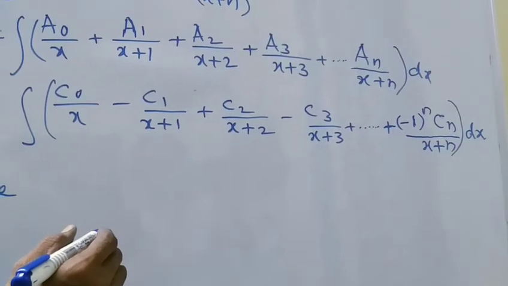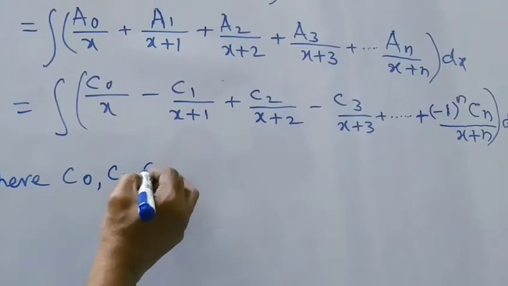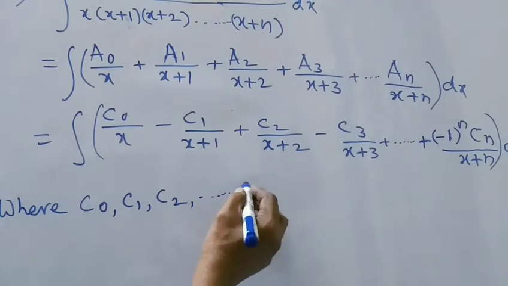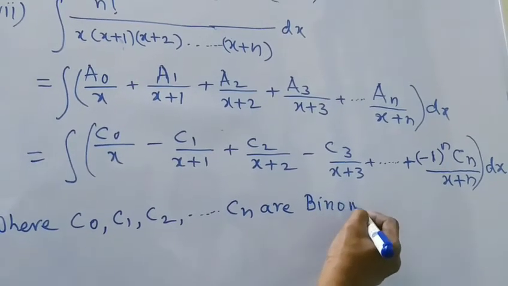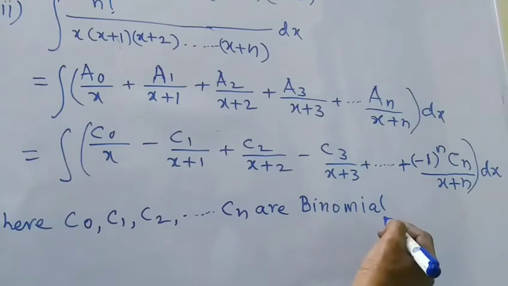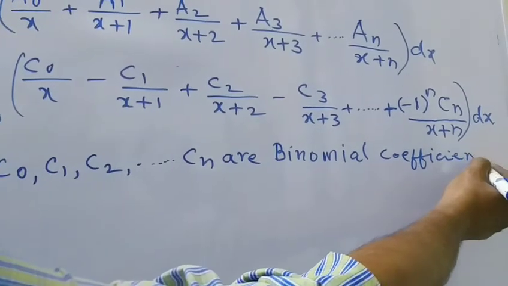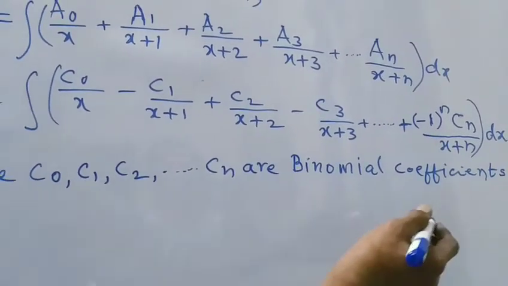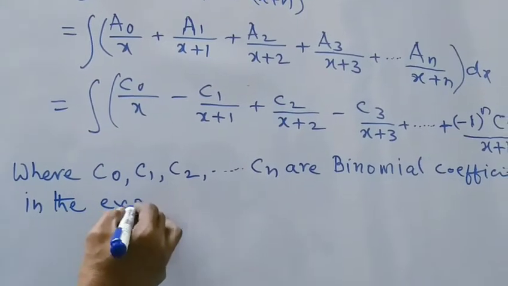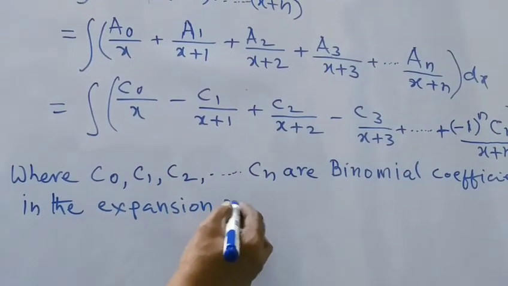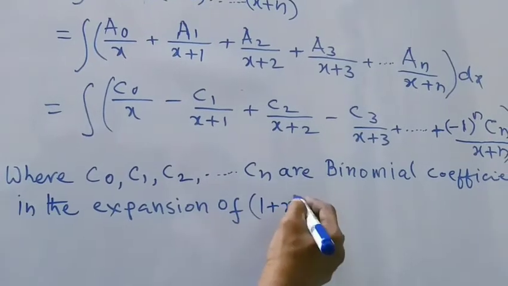An is equal to minus 1 whole to the power of n into Cn, where C0, C1, C2, and so on Cn are binomial coefficients in the expansion of 1 plus x whole to the power of n.